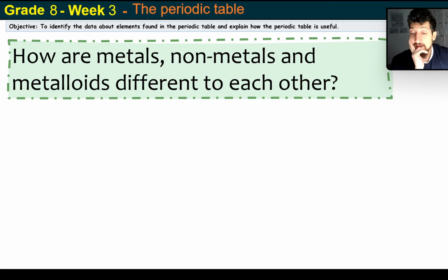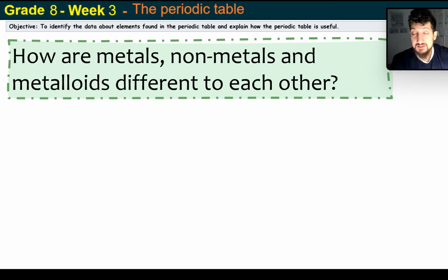Nonmetals, on the other hand, are not conductive. Nonmetals can exist in gaseous forms at room temperature. Nonmetals are brittle. They're not malleable. They're not as shiny or sonorous or ductile, so they don't form wires like metals do.